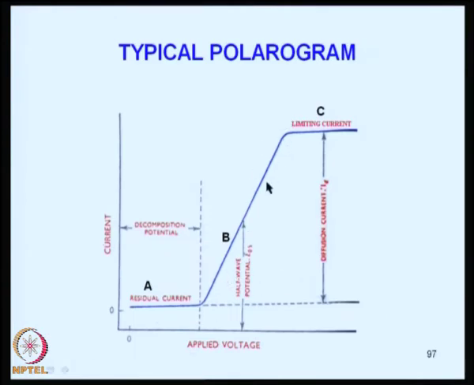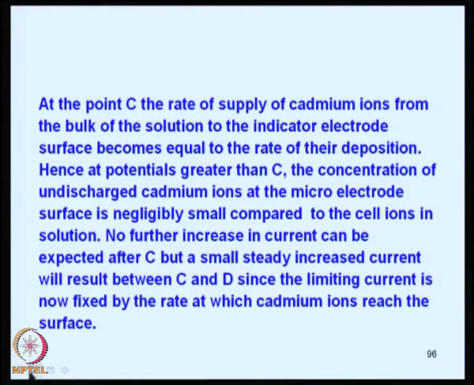That is, in this range, the cadmium ions will be depositing, and when they reach the electrode, cadmium ions will be discharged upon the electrode surface to form metallic cadmium, and the metallic cadmium will react with mercury to form amalgam, and then this amalgam will diffuse into the mercury mass of the drop in the dropping mercury electrode, and then it will fall down.